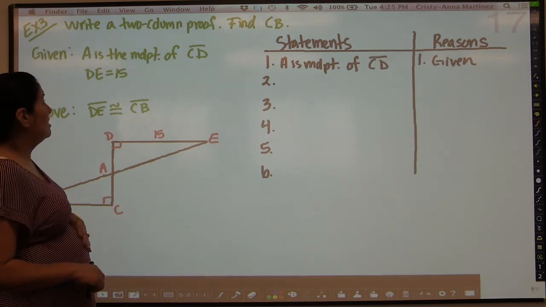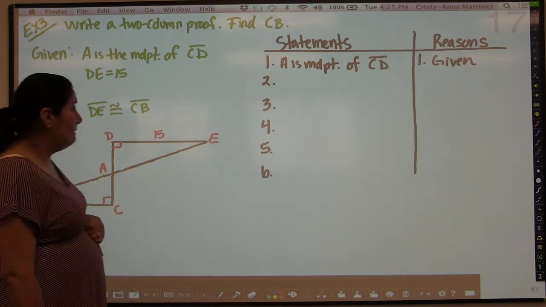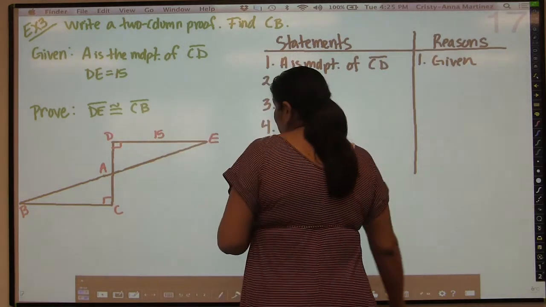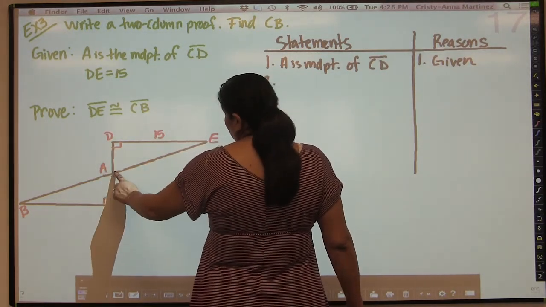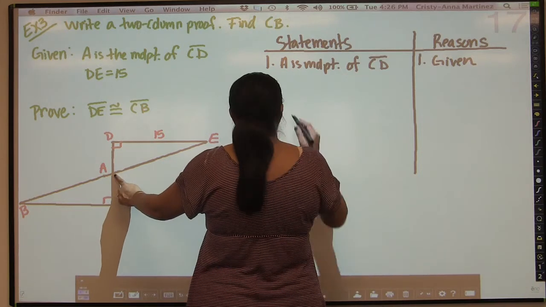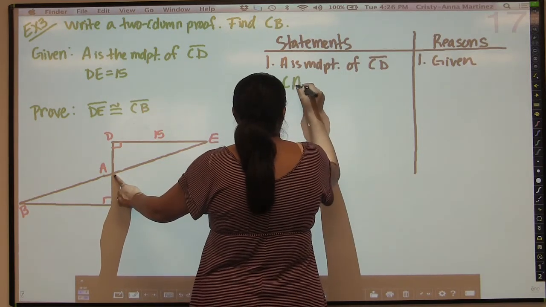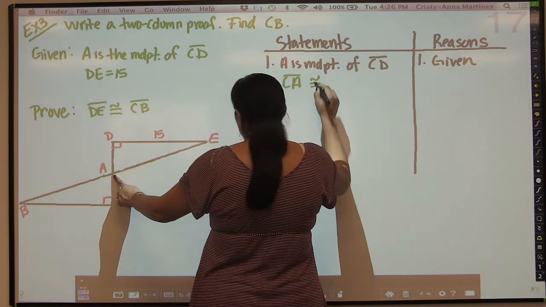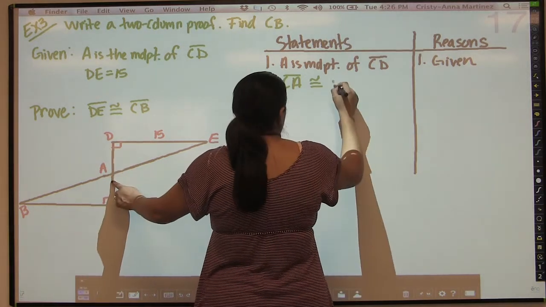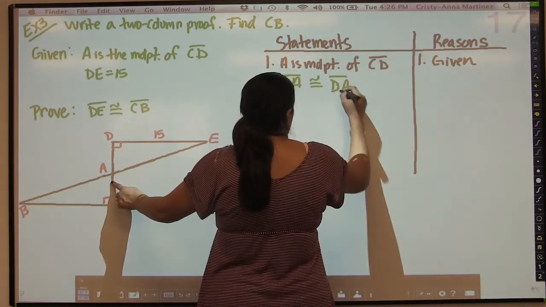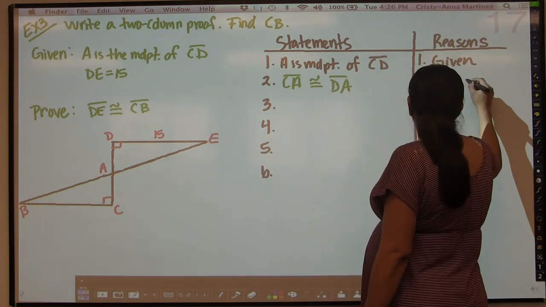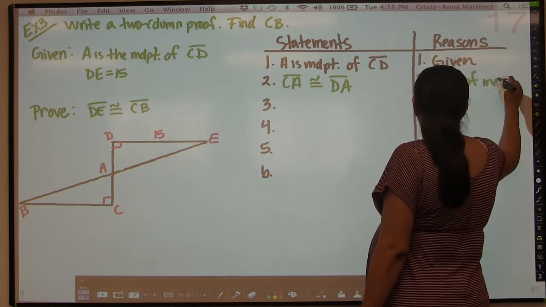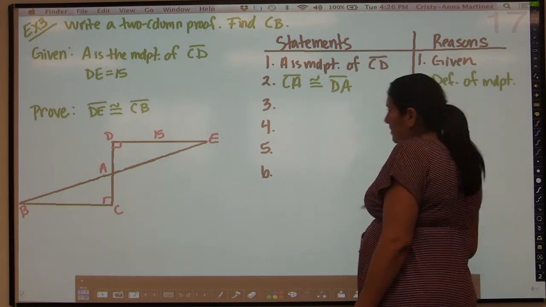Okay, so what we know is just that A is the midpoint of CD, and because A is the midpoint, so here's the midpoint A of C to D, which means that CA is congruent to DA. Okay, and that will be definition of midpoint. Cuts into two equal parts.